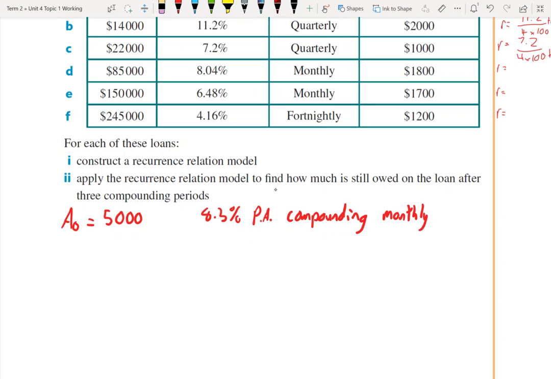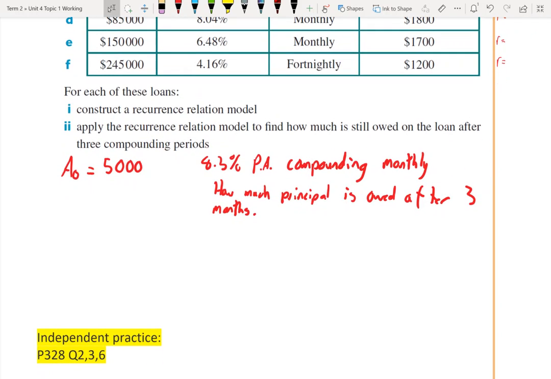So I should write this as a question. How much principal after 3 compounding periods, 3 months? I'll just write that, 3 months. So the first thing I would do is generate my recurrence relationship.